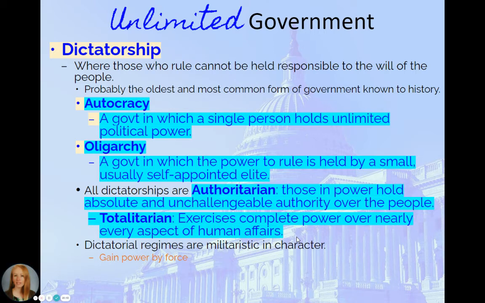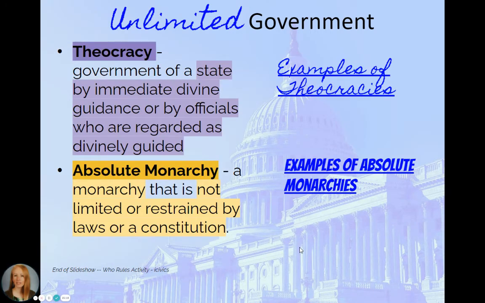Because if it's something that goes against the government or is too radical or, heaven forbid, even provoking, that could cause them to get in trouble. Now, dictatorial regimes are militaristic in nature, so that's kind of how they keep their control, and it's gaining that power by force.